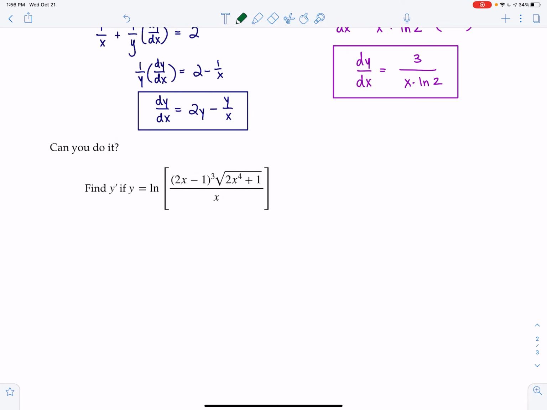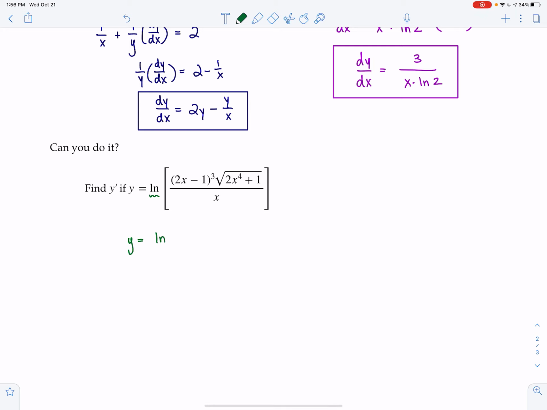We have y equals the natural log of all this garbage, and it really feels like a lot of just trash because there's so much here. But because the log is already there, watch what I can do. I'm not even taking the derivative yet. I'm just going to use my log expressions to rewrite this whole massive fraction as 3 relatively simple logs.